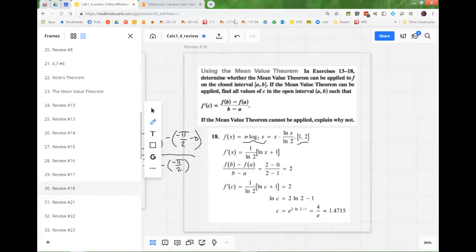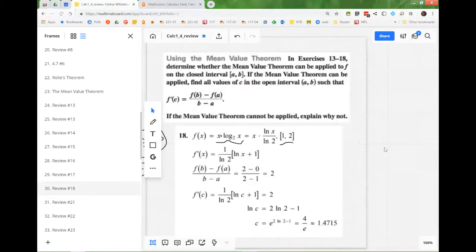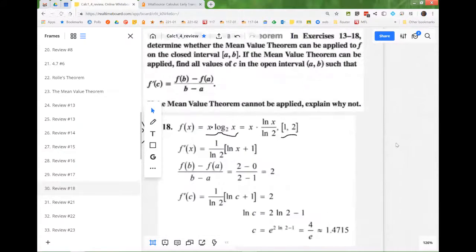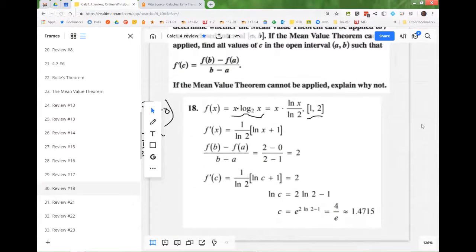Let me make that a little bit bigger. So we got a multiplication sign. So the first times the derivative of the second. Oh, well, first they rewrote it. Yeah, that's interesting.